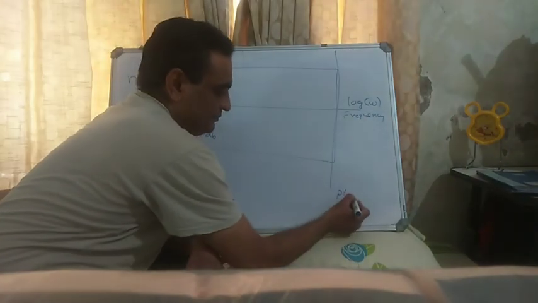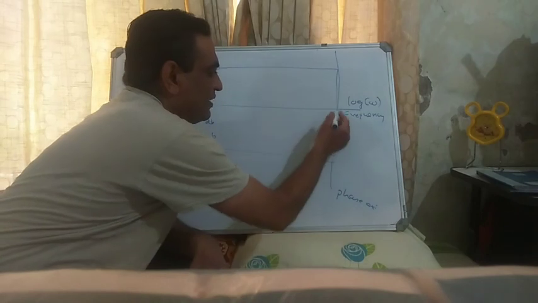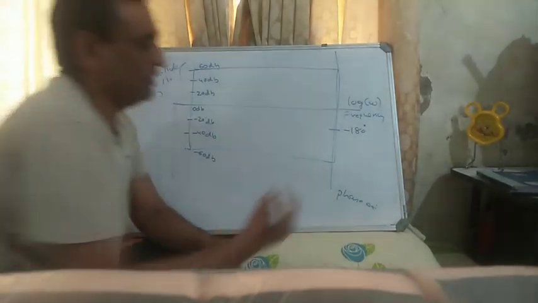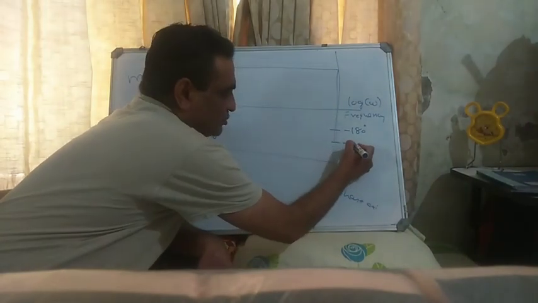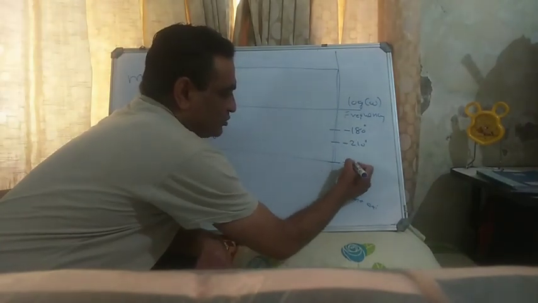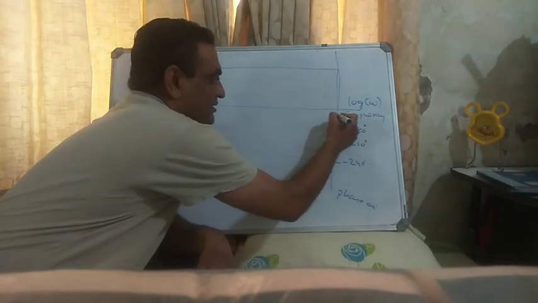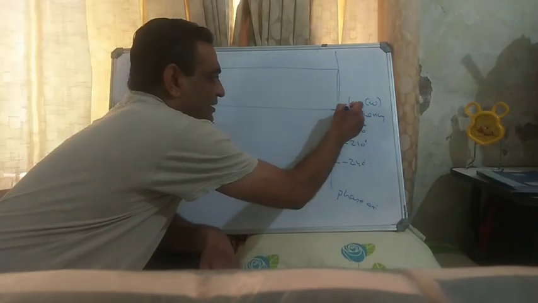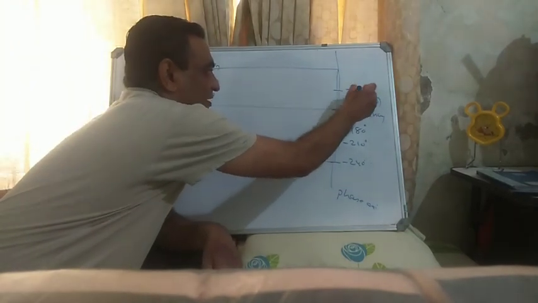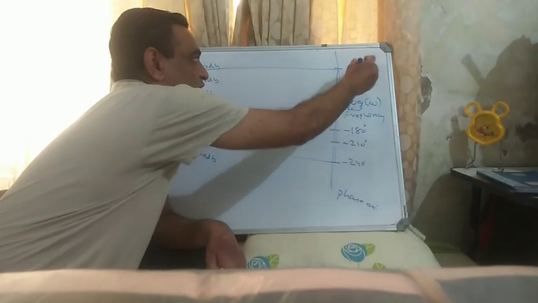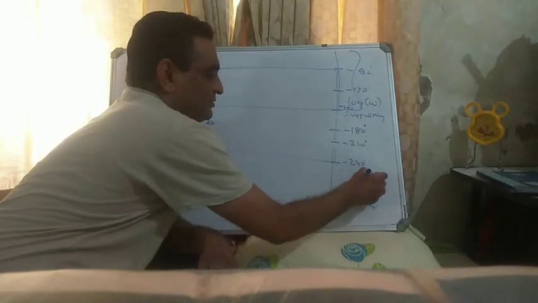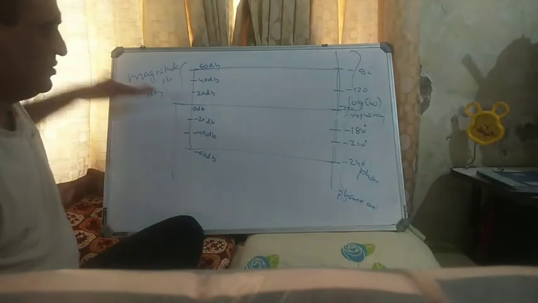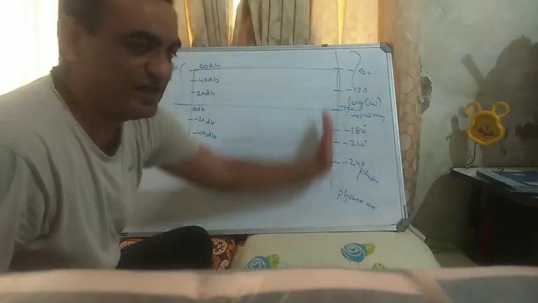Somewhere down I can use the minus 180 degree line. Let's say this is minus 210 degree, minus 240 degree, minus 150 degree, minus 120 degree, and minus 90 degree. So this is phase. Magnitude axis, frequency axis, phase axis.